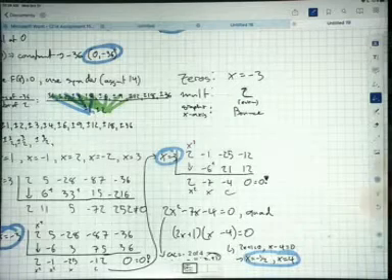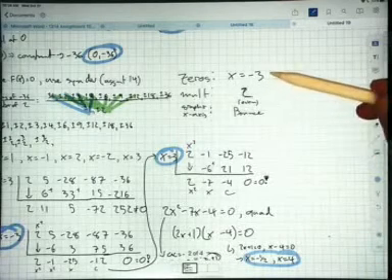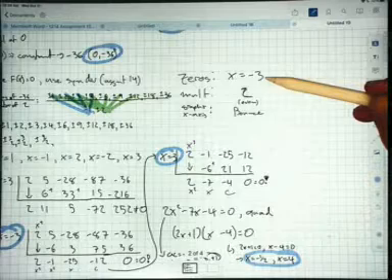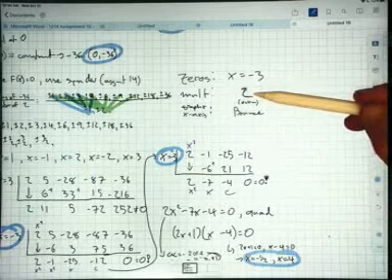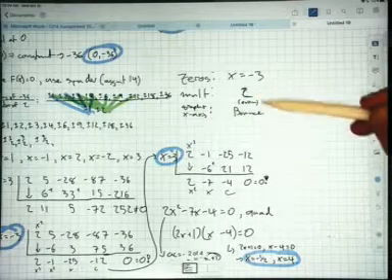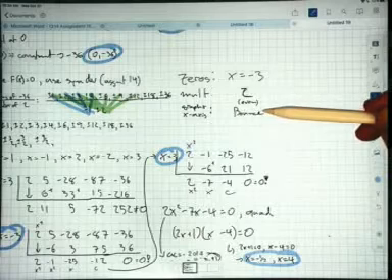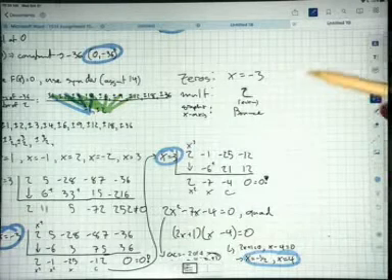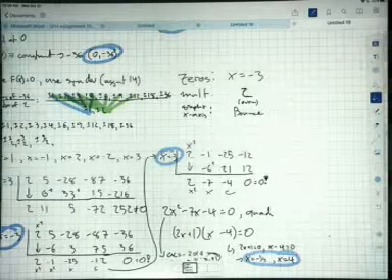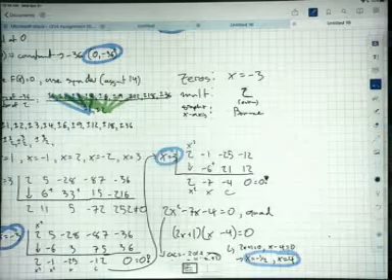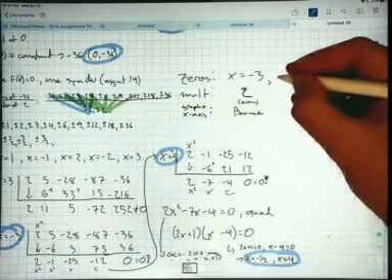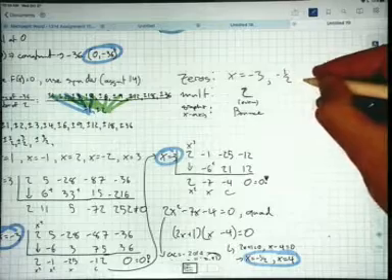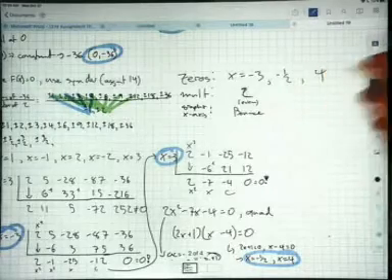So, going back up here to this list of zeros, we already said that we had a 0 at negative 3. We already talked about its multiplicity, and what that means. It means it's going to bounce on the x-axis. And then I'm going to list my other zeros. I have a 0 at negative 1/2 and a 0 at 4.